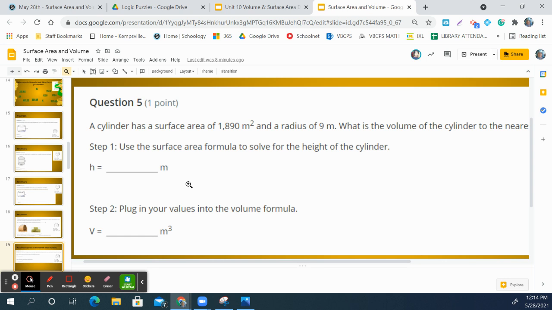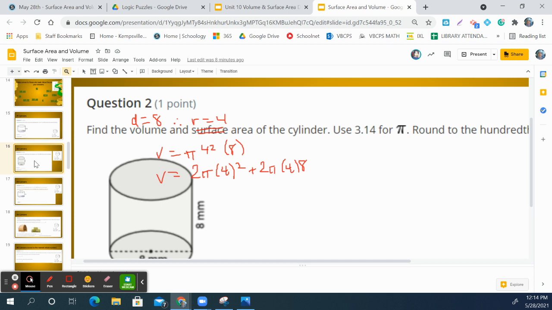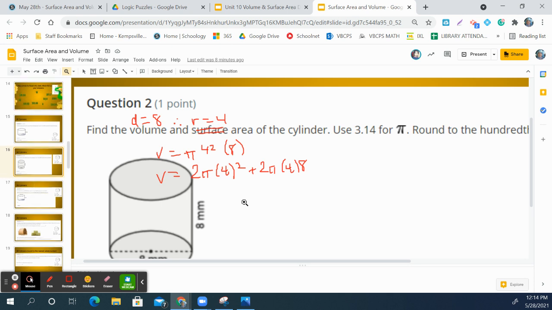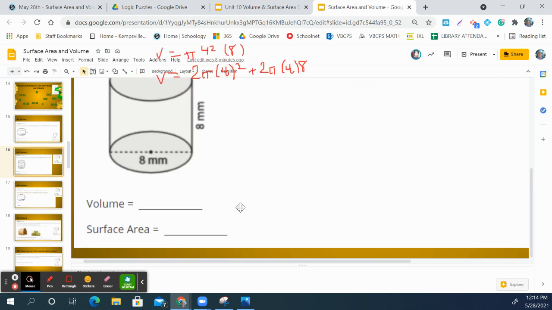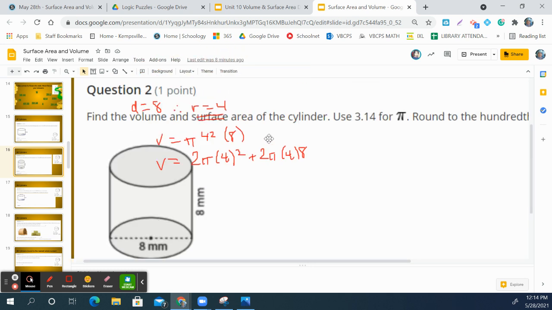Okay, for number 2, on the circles thing, what was this? Sorry. So we did volume, right? And then we just got to find the surface area. So it's this one.